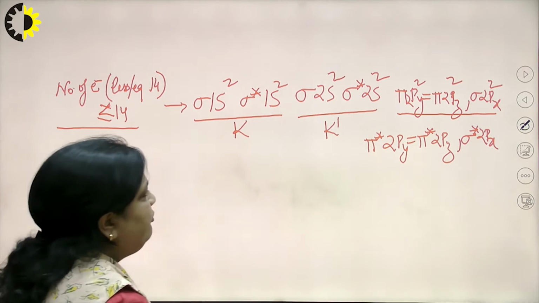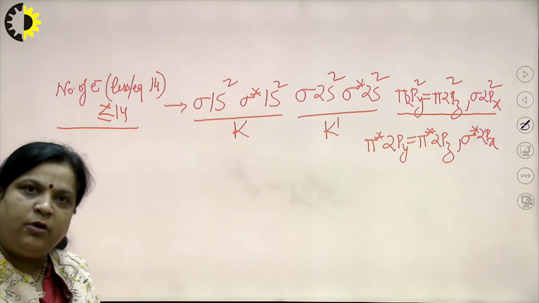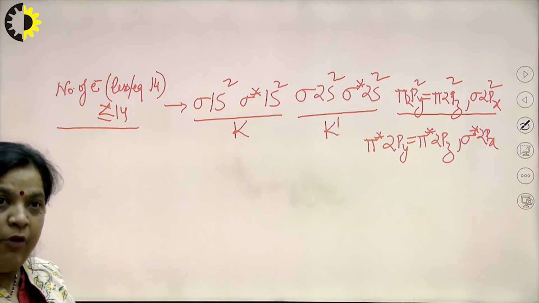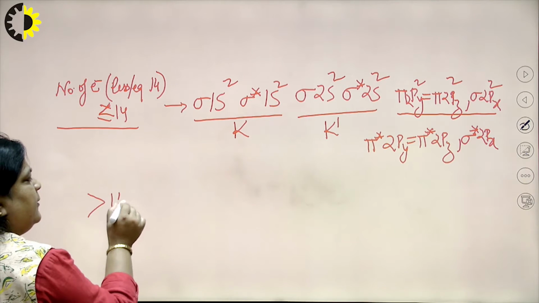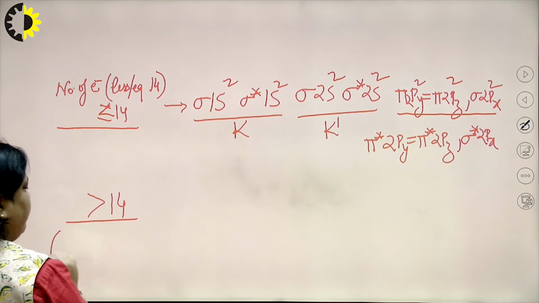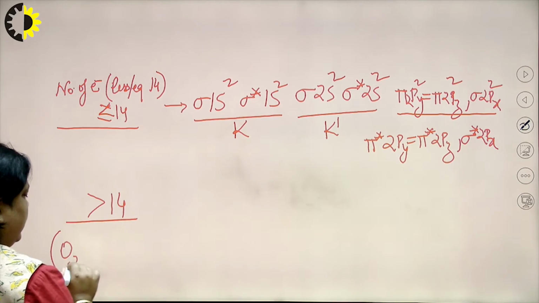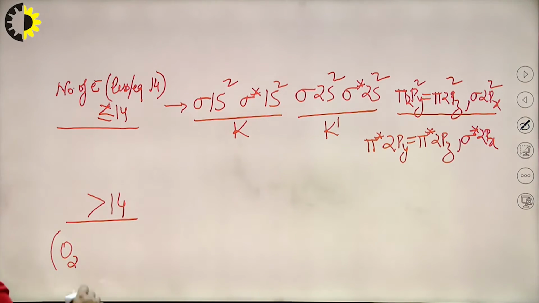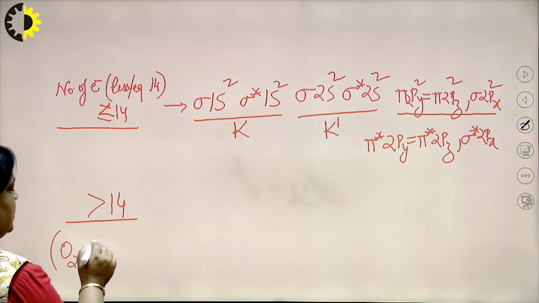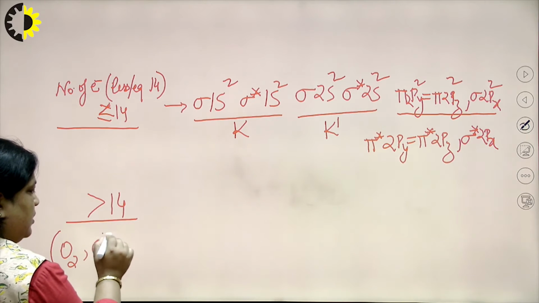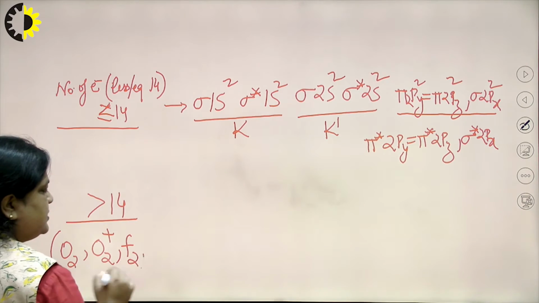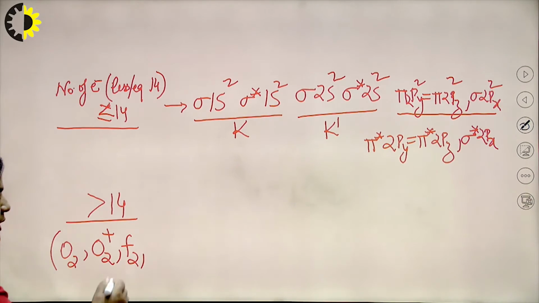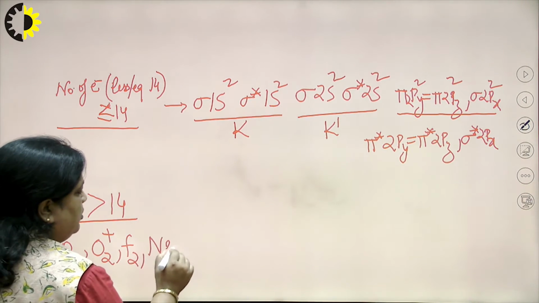So this is the configuration order for total number of electrons less than or equal to 14. If the total number of electrons is greater than 14, that is for O2 it is 16, and for O2 plus, especially if we take single discrete molecules, then F2, then Ne2, etc.